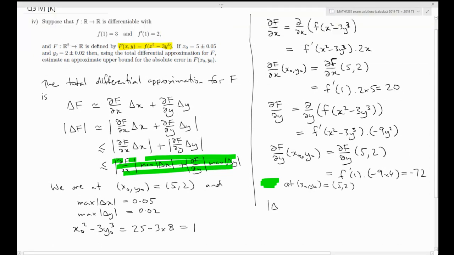So this is approximately less than the partial derivative of f with respect to x evaluated at the point we want, which was 20, times the maximum value of delta x, which is 0.05, and then plus the partial derivative of f with respect to y evaluated at 5, 2, times the maximum change of y.